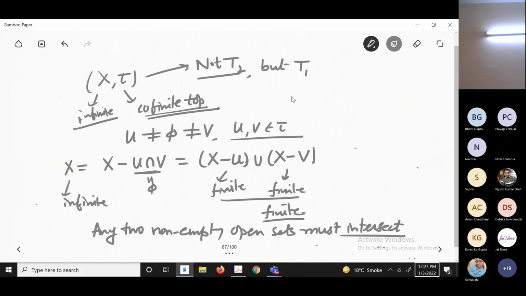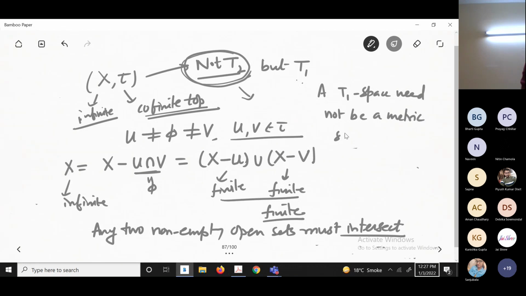Here you get a T1 space which is not T2. But every metric space is T2, and you are proving the cofinite topology is not T2. So a T1 space need not be a metric space. Make sure of that.